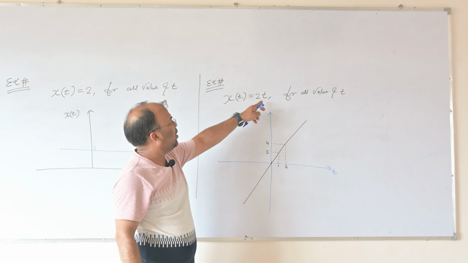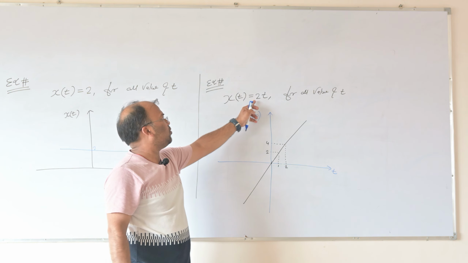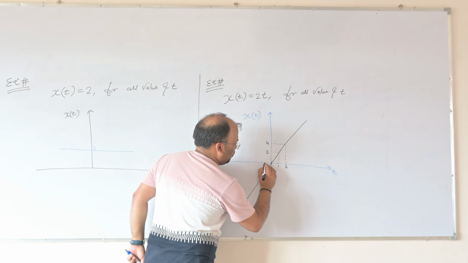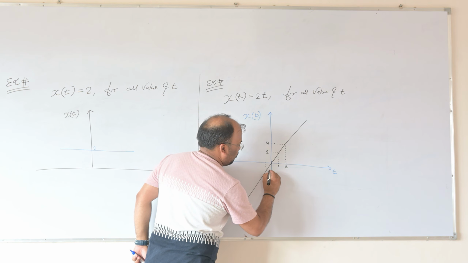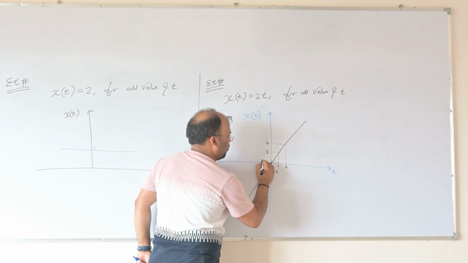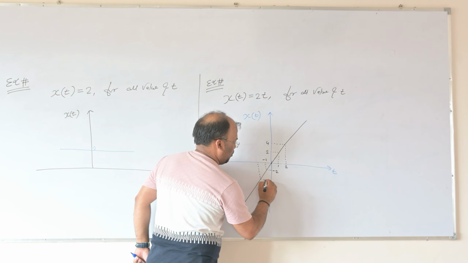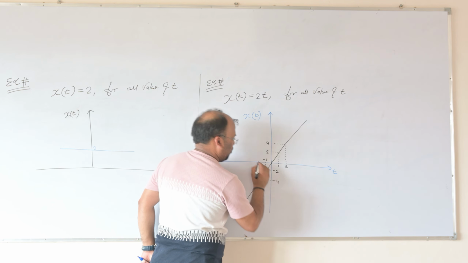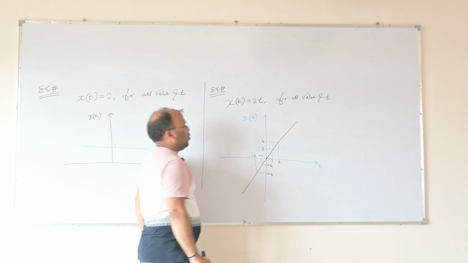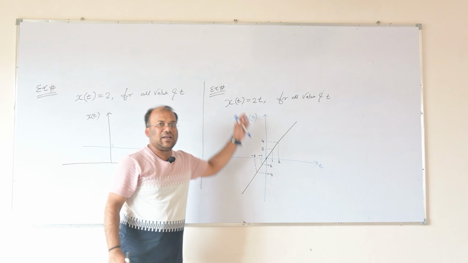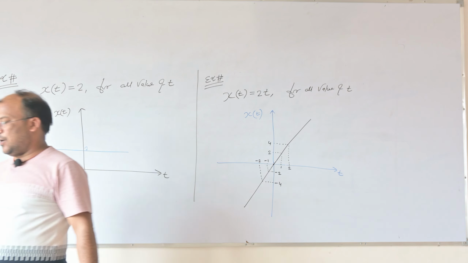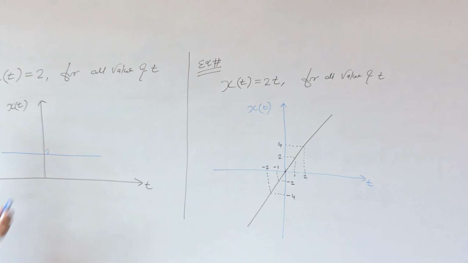In the same manner, t equal to -1, so this will be -2. So this is how we can plot or sketch a continuous time signal.